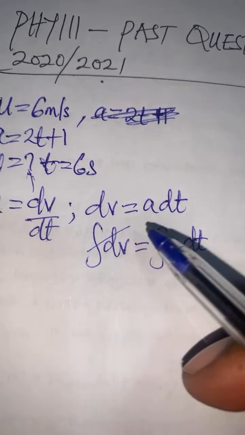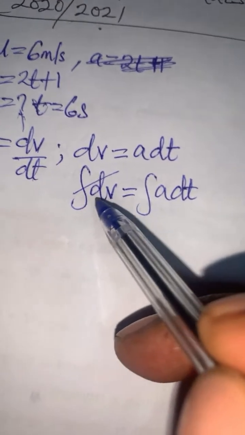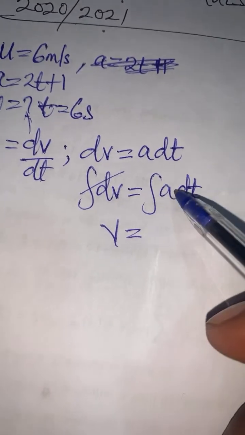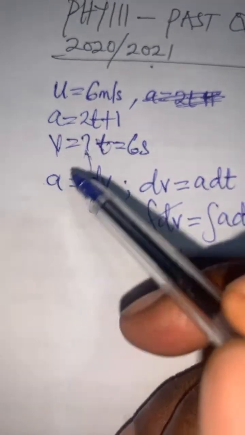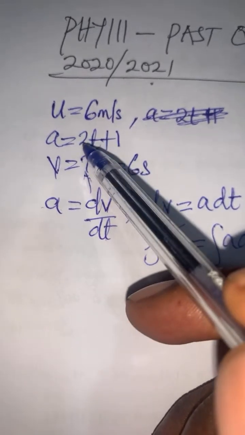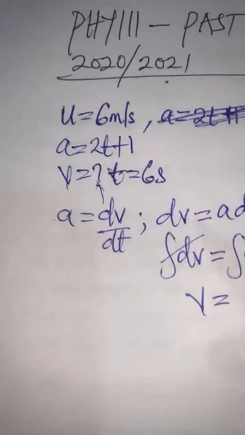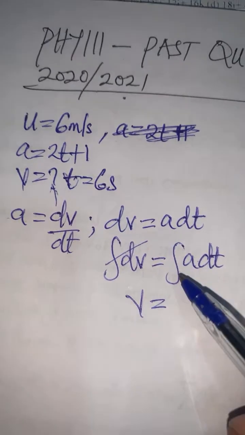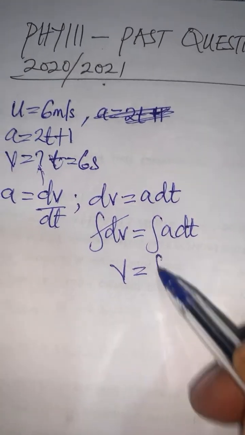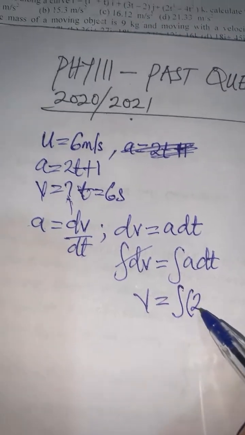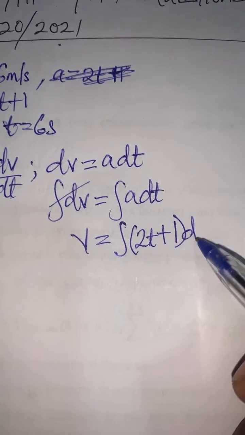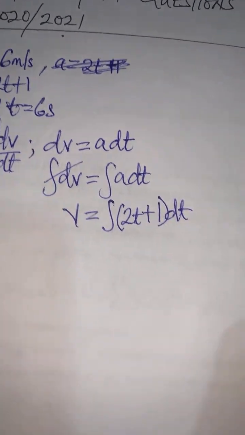When integration meets with differentiation, they cancel out, so v will be left. Now we need to integrate a. What is a? a is 2t plus 1. Watch, this is not differentiation. We are literally having the integral of 2t plus 1 with respect to t. I'm writing it out.